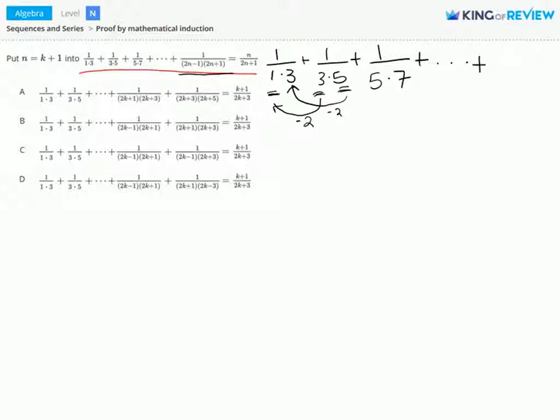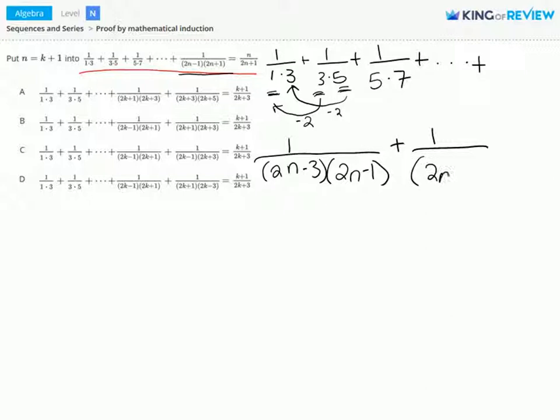So we have plus, and then this would be 1 over 2n minus 3 times 2n minus 1, and then we have 1 over 2n minus 1 times 2n plus 1, and this is equal to n over 2n plus 1.